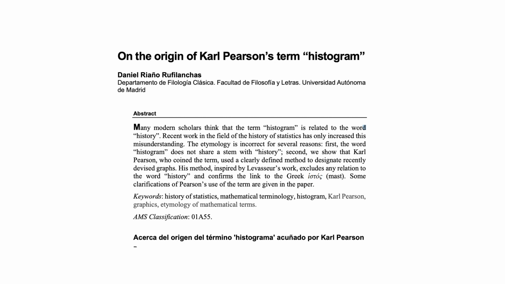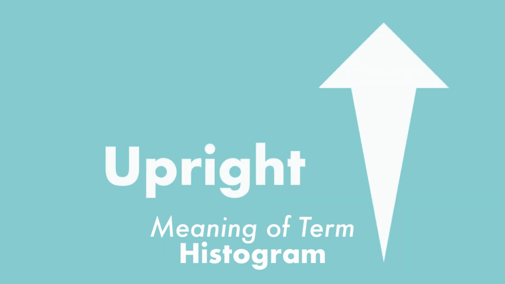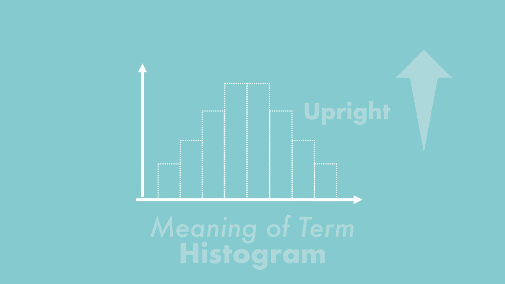In fact, Karl Pearson did not even mention the word history in his earliest works. Instead, the word histogram has its roots from a Greek word, and the Greek word means anything set upright, which actually makes a lot of sense, since we have vertical bars in the histograms which are set upright.